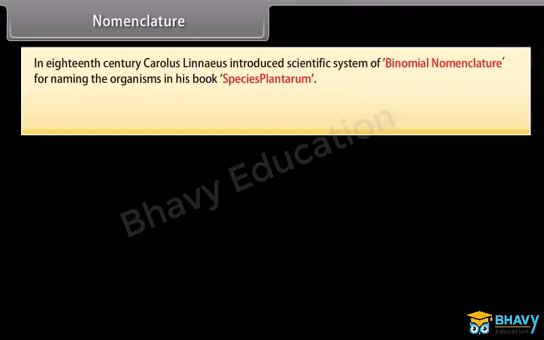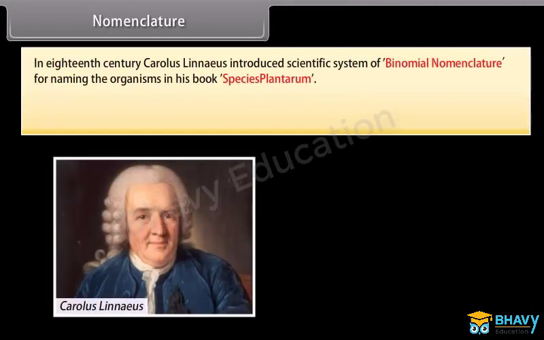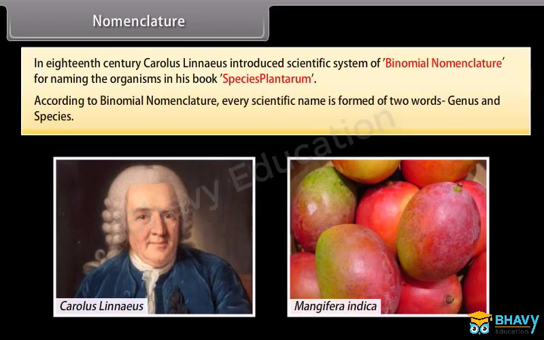In the 18th century, Carolus Linnaeus introduced the scientific system of binomial nomenclature for naming organisms in his book Species Plantarum. According to binomial nomenclature, every scientific name is formed of two words, genus and species.